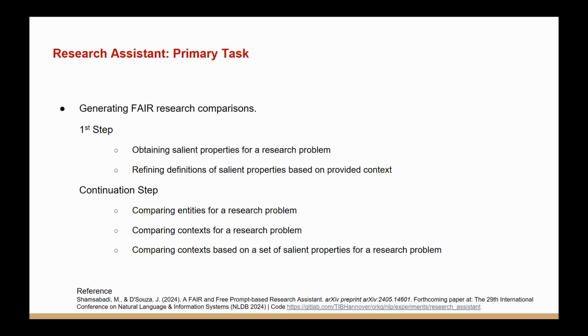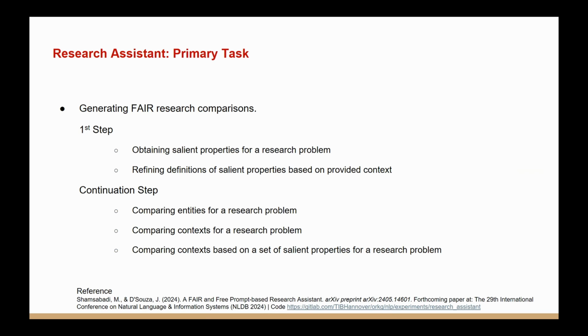Focusing on the primary task to begin with, we want to generate FAIR research comparisons. Here, the first step is we obtain salient properties for a research problem, and another functionality is refining definitions of salient properties based on the provided context. That's also engineered within the tool, because in the end we want to import this comparison into the ORKG or another knowledge graph.